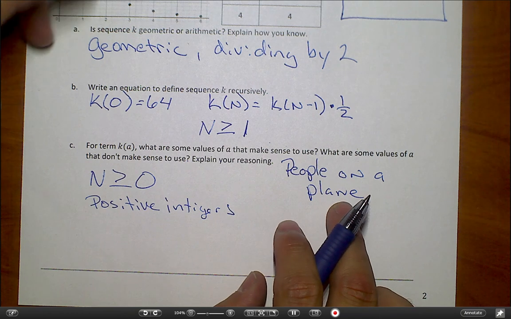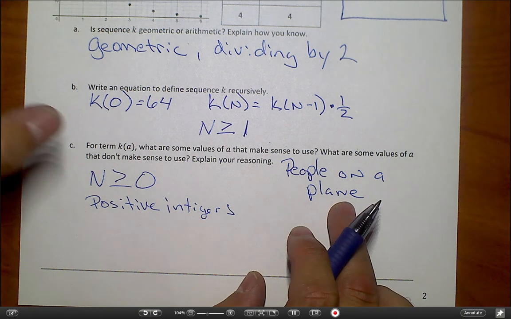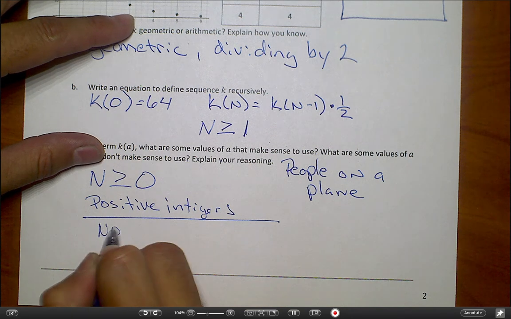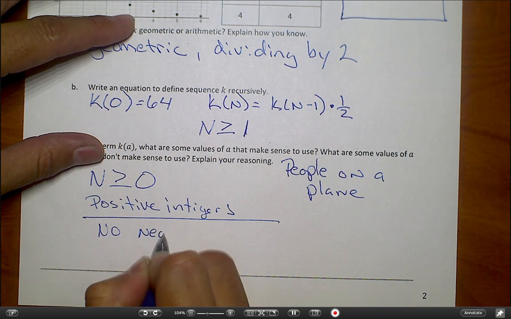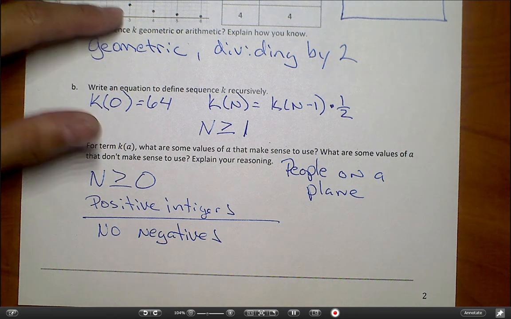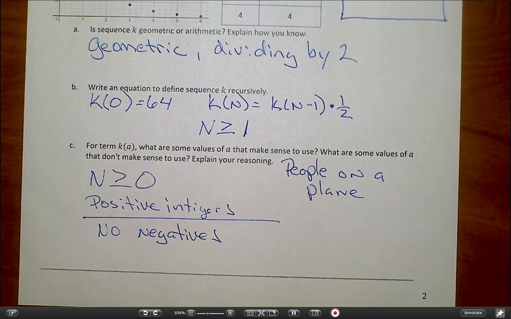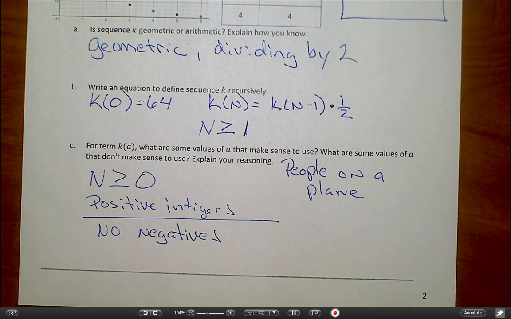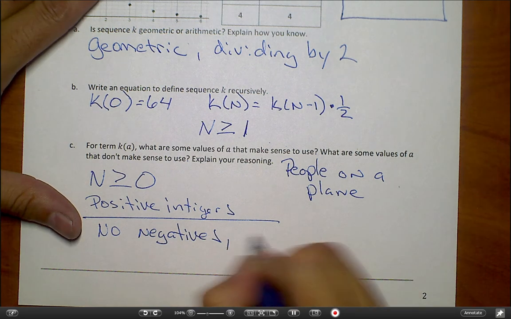Any of those negative people on a plane, they get thrown off. So no negatives. Anything else? No decimals, because a person's a person no matter how small. They're always people. So no decimals or fractions.